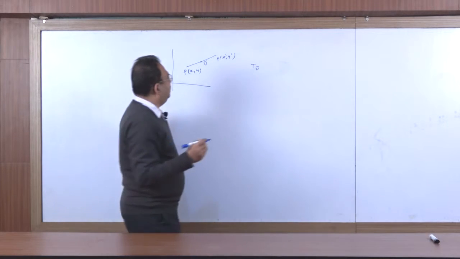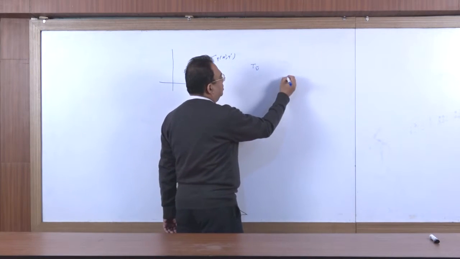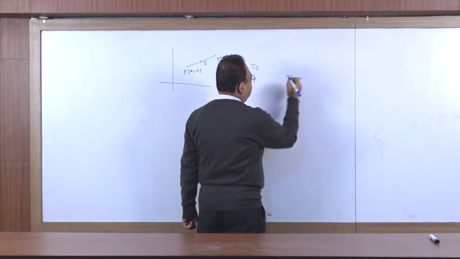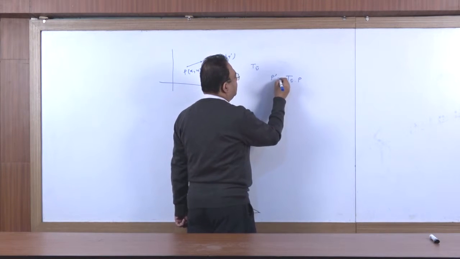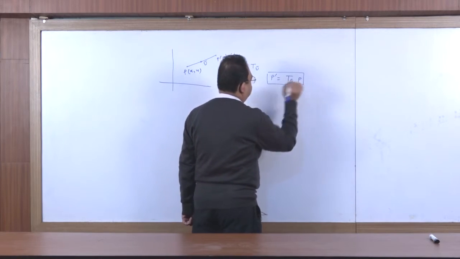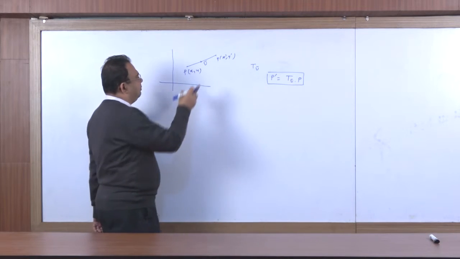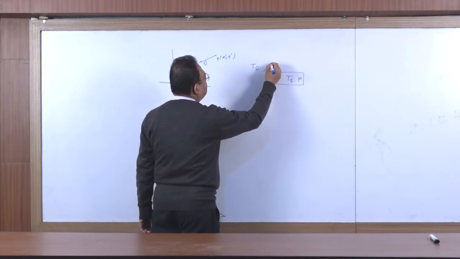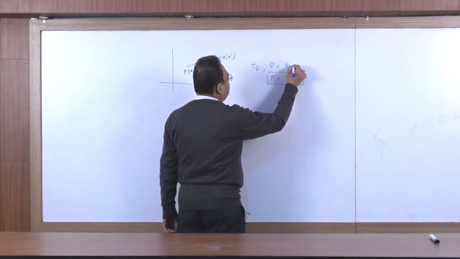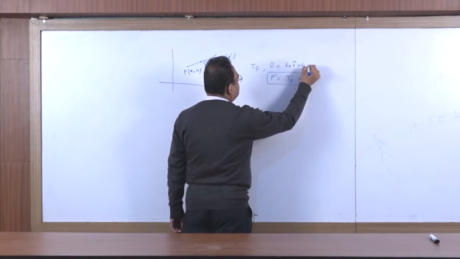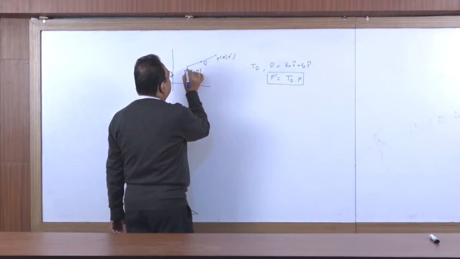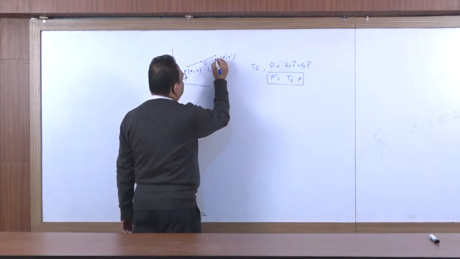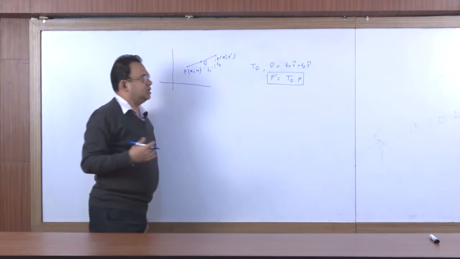The idea is, if we operate this T v on any object point P, then we will get the corresponding translated, transformed point P dashed, and v is specified as T x i cap plus T y j cap, because T x is nothing but the amount of translation along x direction, and T y is the amount of translation along y direction.